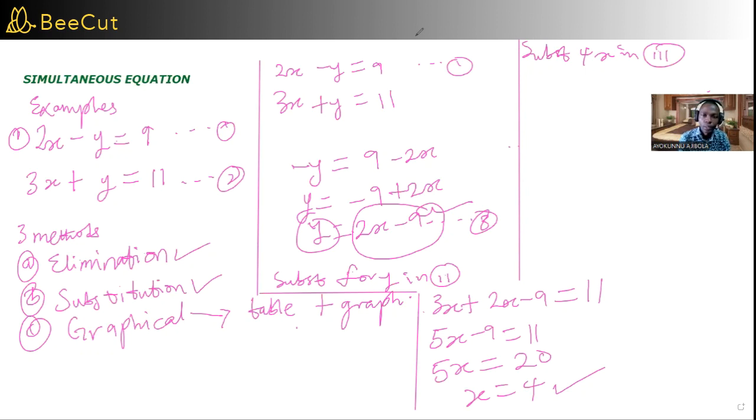Third equation says y equals 2x minus 9, and what is x? 4. So that is 2 times 4, 2x minus 9. And 2x is 8. So I have 8 minus 9. Then y equals -1.